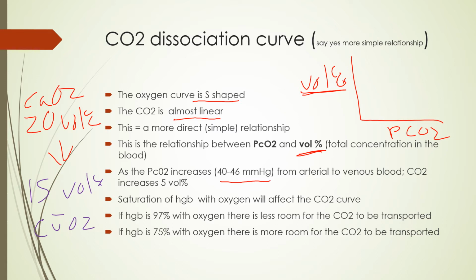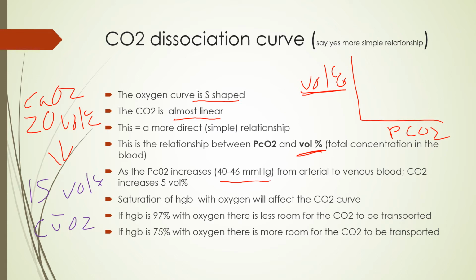Saturation, the hemoglobin with oxygen, will affect the CO2 curve, remember, because this is all about who's parked in the red blood cell ultimately, who's taking up space, right? If there's too much O2, CO2 won't have anywhere to sort of park and get eliminated from the body. If we have too much CO2, then oxygen won't have anywhere to park and go into the tissues ultimately, right?